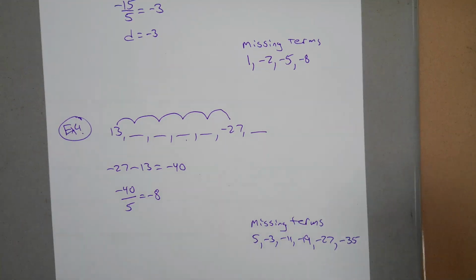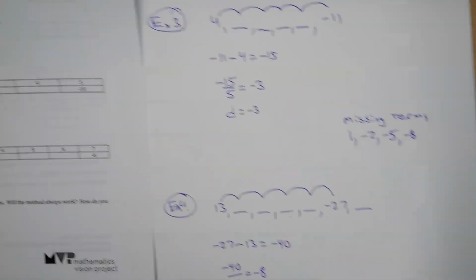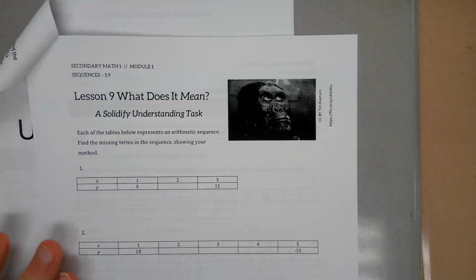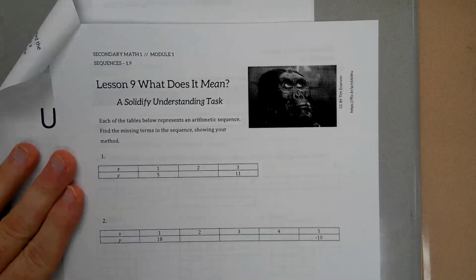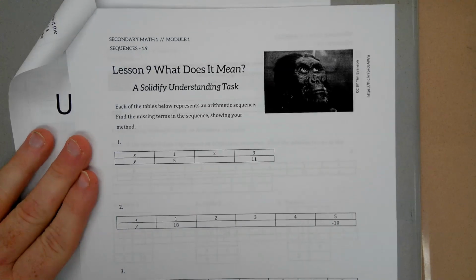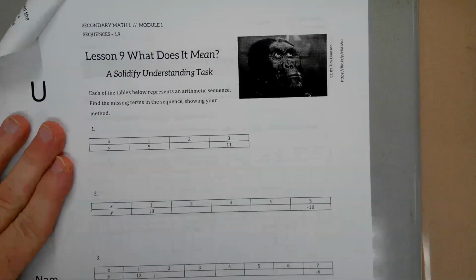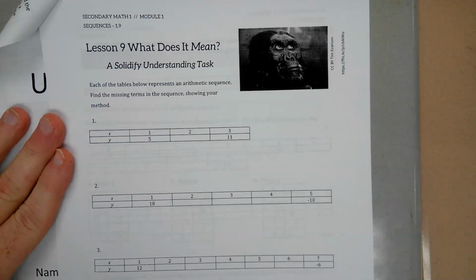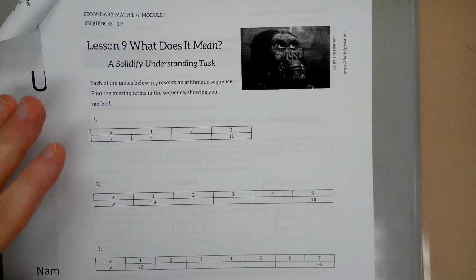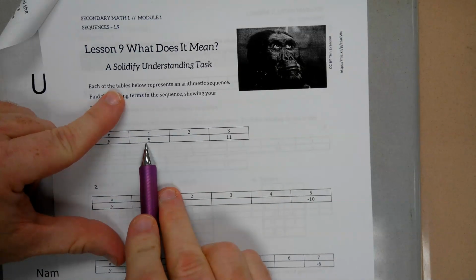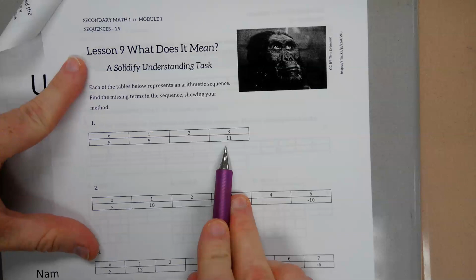Okay, so now I want to go to our packet and come to the page that says, what does it mean? A solidify understanding task. And they have something similar here for us. It starts at 5, it ends at 11.